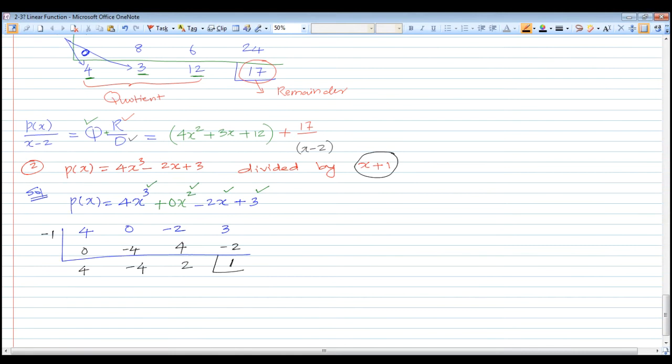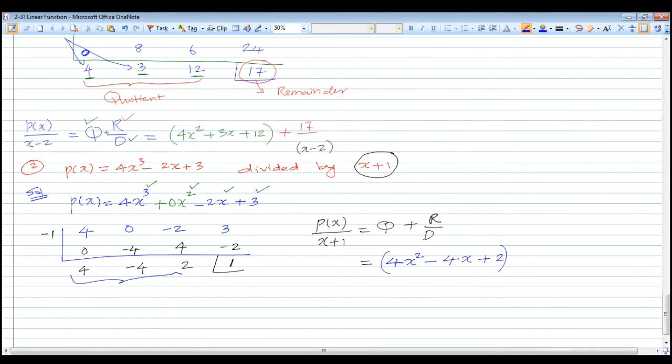So I write the value here, p of x over x plus 1, which can be written as Q plus R over D. What is Q? 4, minus 4, 2. 4x square, since x cube was there, one power is reduced. 4x square minus 4x plus 2.